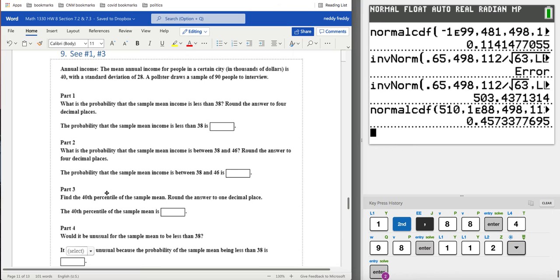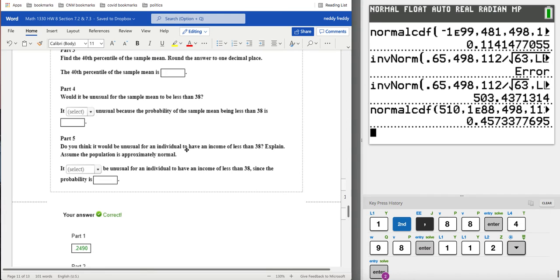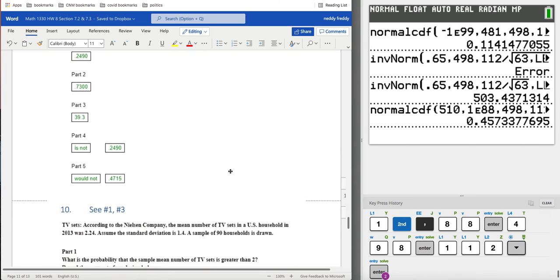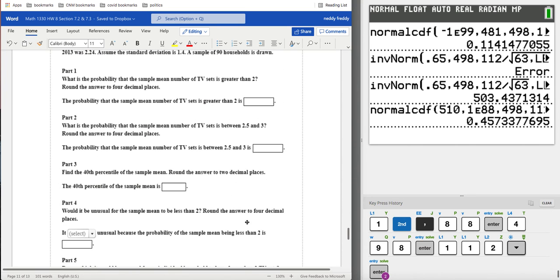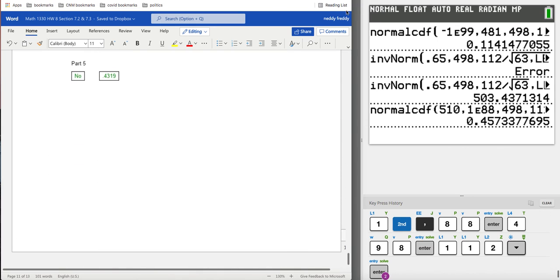If it says sample mean, then you're dividing by the sample size. And if it says unusual, then you're not dividing by the sample size. And that's the only variation in these. Yep, that's it. Okay, so that is all for chapter 7.